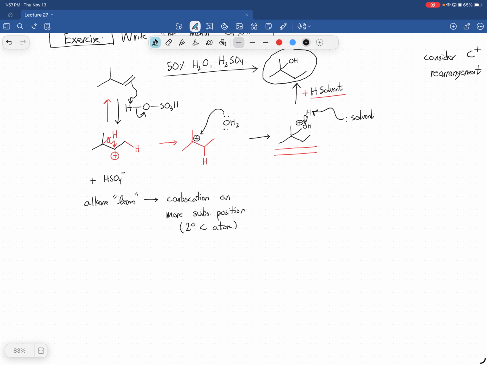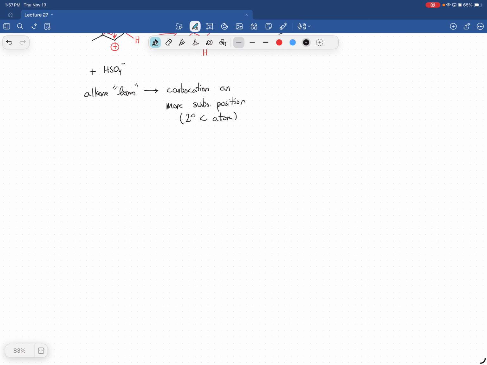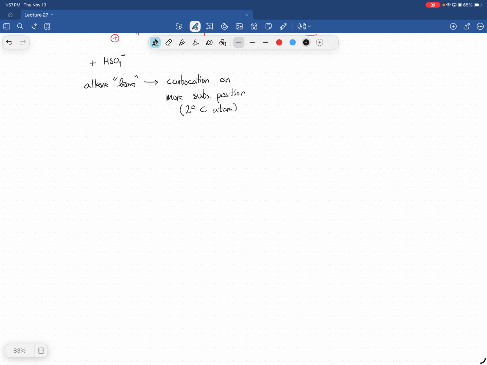Sorry, everyone. Let's just do one more example. Now let's show the mechanism of electrophilic addition. Sorry, I kind of started with the example of my exercise instead of going over the mechanism. My fault. My notes were backwards. So let's write the mechanism here.